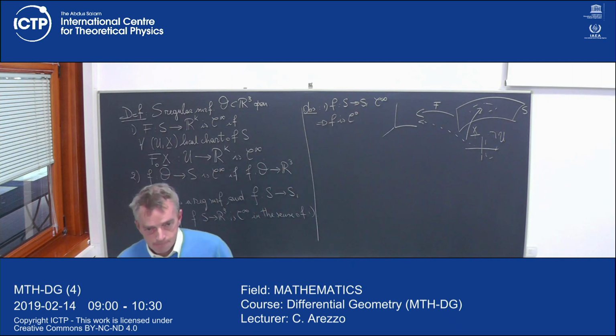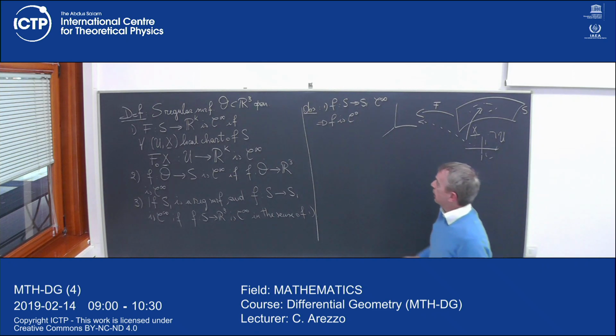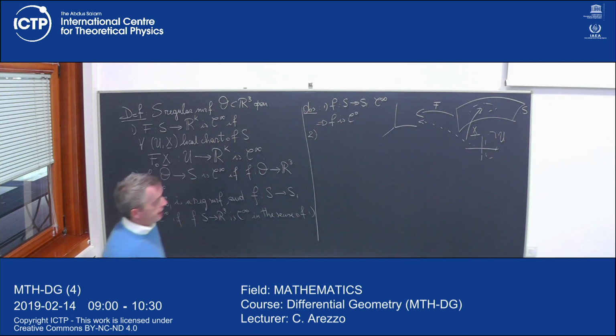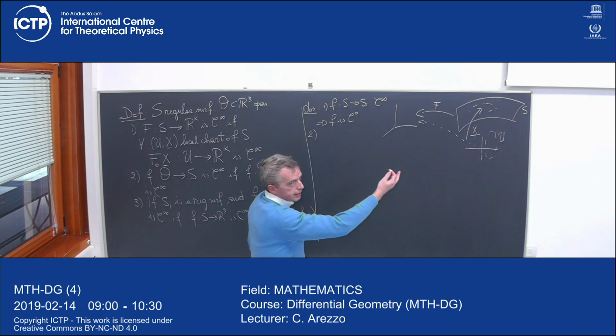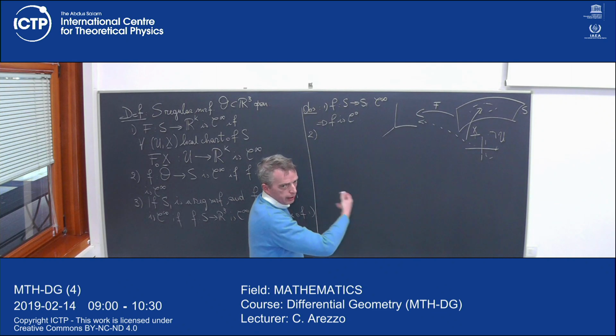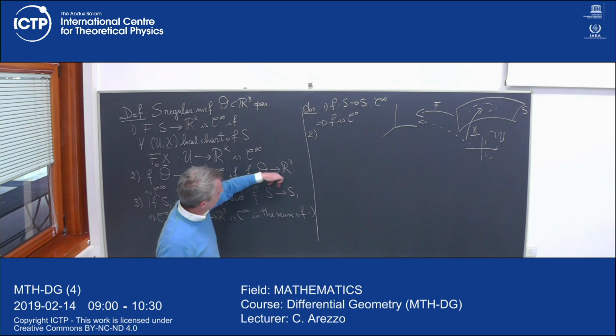Okay. For example, just to give you a feeling of... and then you can play other observation. As soon as it makes sense, so for example, you can play all algebraic operations among smooth functions as long as they respect domain and codomain. So for example, if I take two smooth functions between two regular surfaces, of course, I would like to say the sum or the scalar or the product or whatever is again a smooth function.